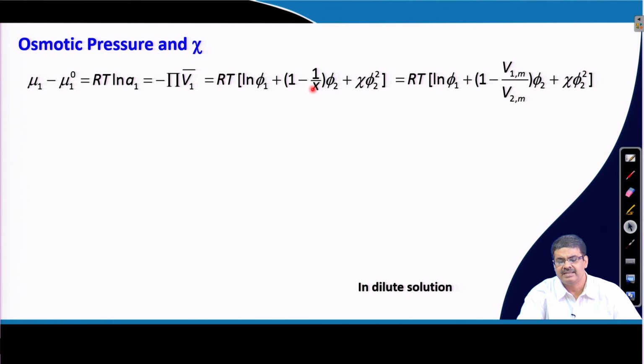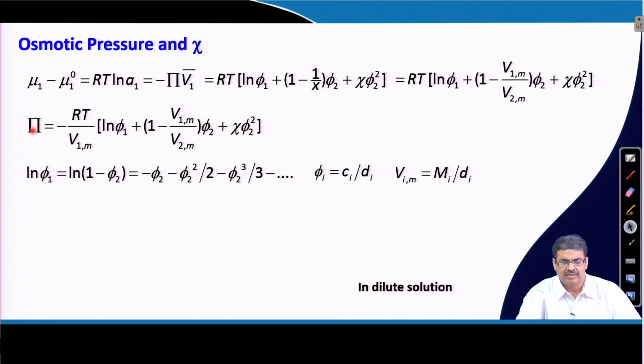In this case, x is the ratio of the molar volume of the polymer divided by the molar volume of the solvent. This is the molar volume of the solvent molecule and this is the molar volume of the polymer molecule. So, we can rearrange and get the osmotic pressure in this way.